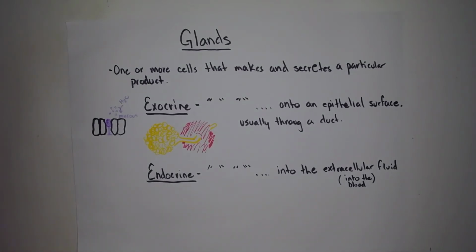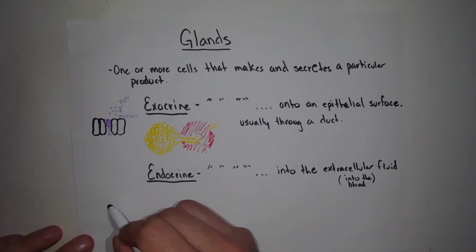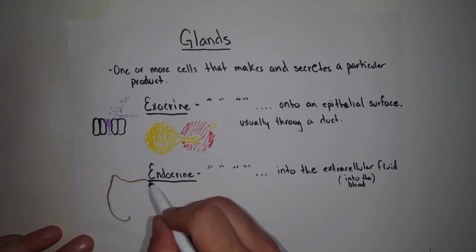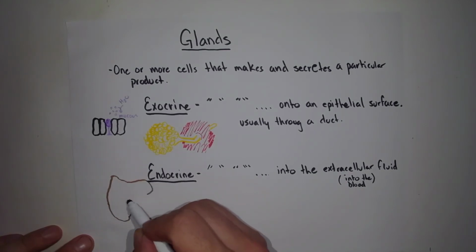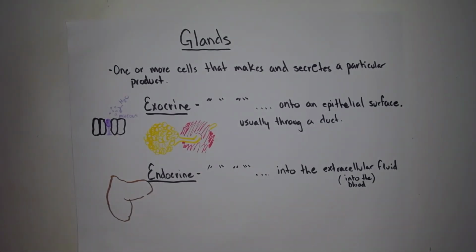So, for example, I talked about the liver earlier. The liver makes proteins and even some signaling molecules that these cells produce.